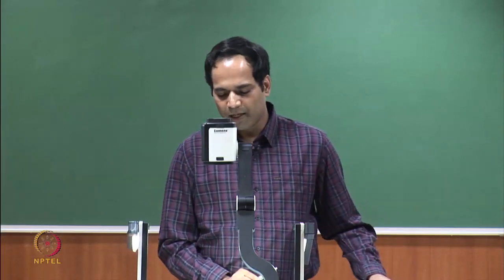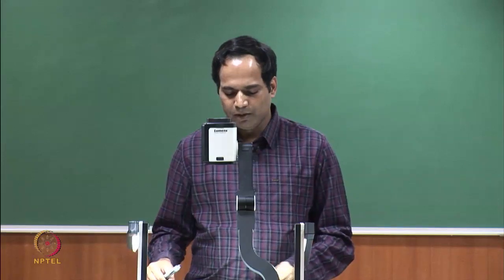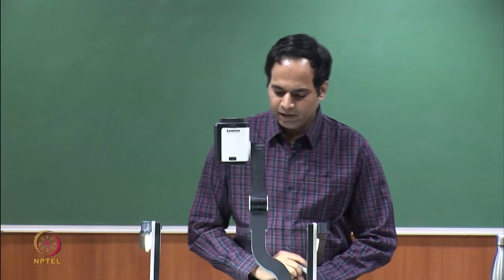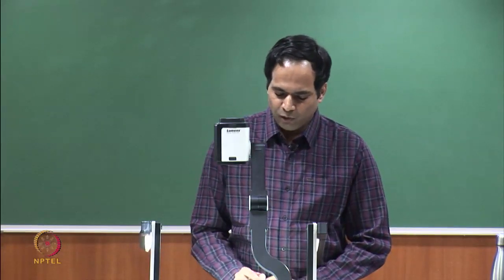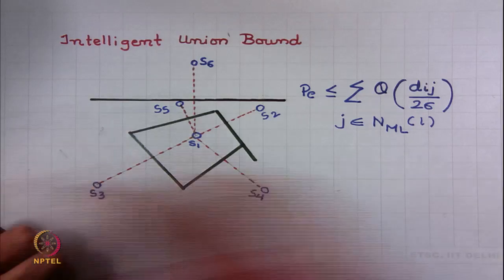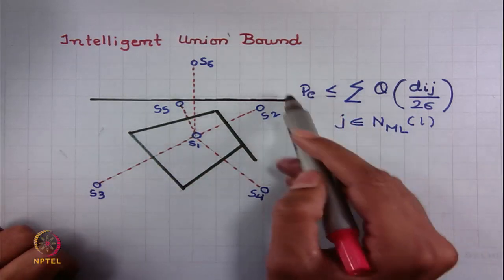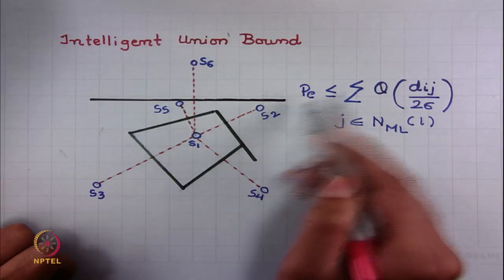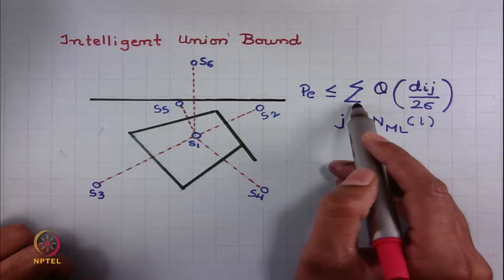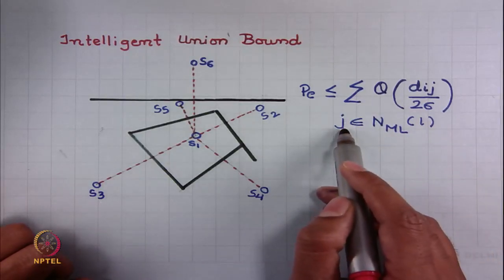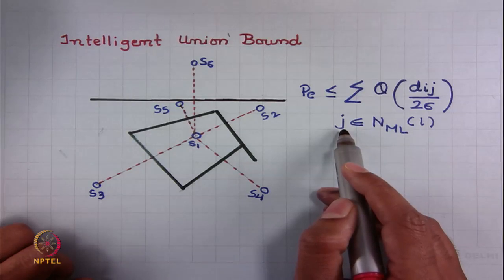And you can use a better bound than the union bound, which we call the intelligent union bound. So, let us look at this intelligent union bound, and what it does is make the bound a little bit tighter. What it says is, in this summation you should only include the signals which are influencing the decision region of the considered signal.